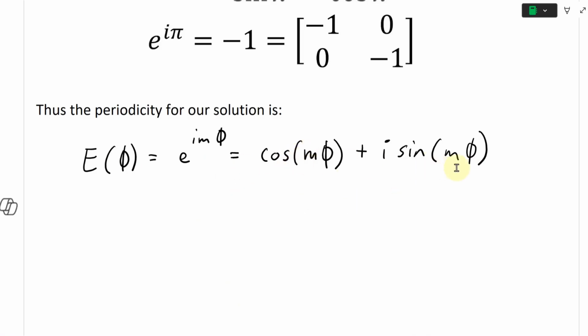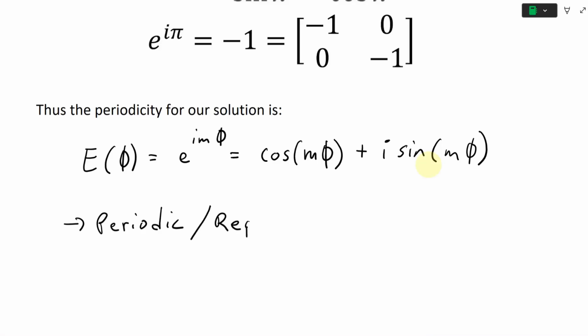Now we know cosine and sine repeat every 2 pi radians, or 360 degrees. So basically it's periodic, or repeating. And again, it's driving the point of why we picked negative m squared.